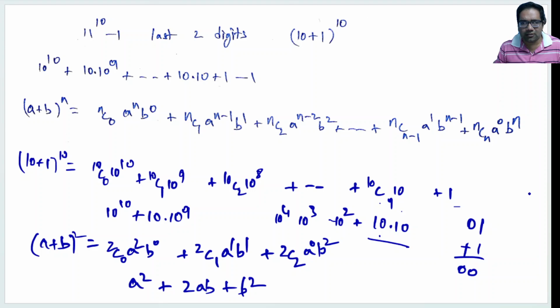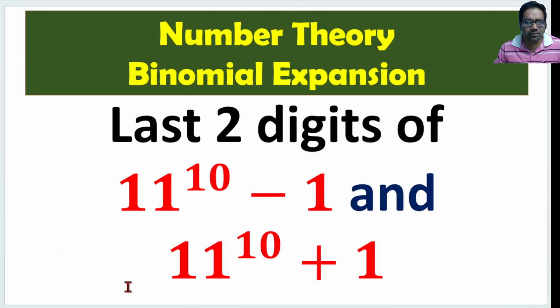If you do plus 1, it will become 0, 2. So the last two digits of this one become 0, 2, because whatever one extra we are removing leaves two zeros. Now 1 plus 1, so 0, 1 plus 1 becomes 0, 2. So the last two digits will become 0, 2 in this expression.